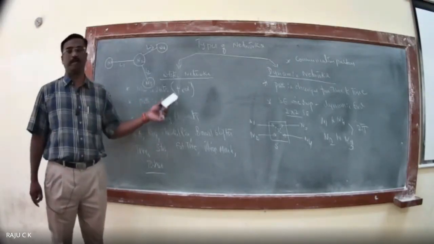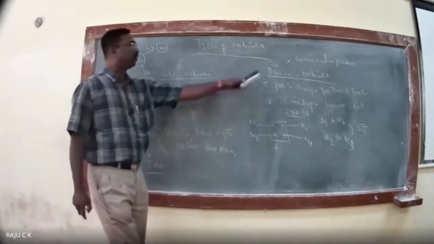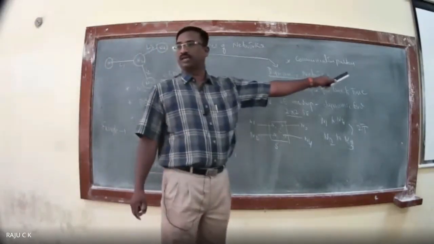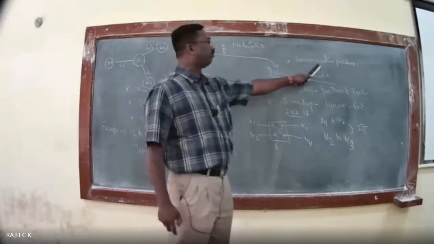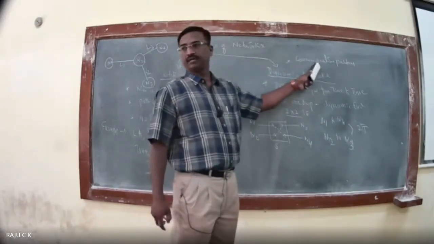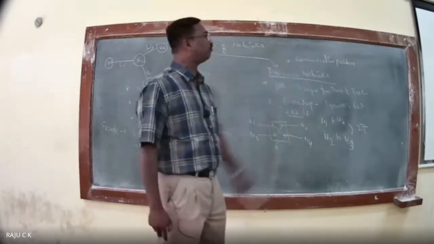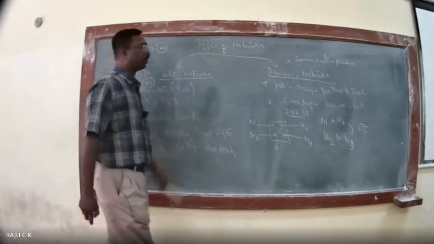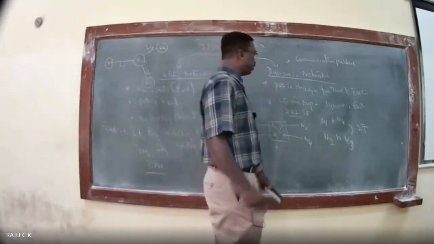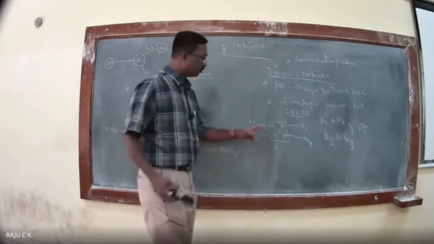Here, in the fixed environment, it is fixed, but here I am going for flexibility. Dynamic networks are the best example for this. So this is the main example here.